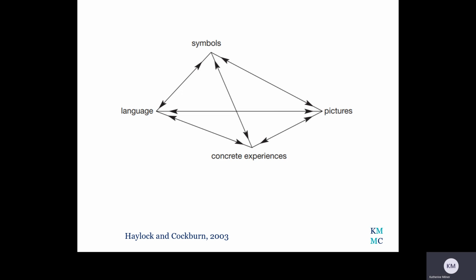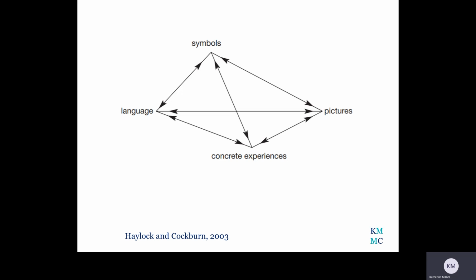And they see the model as not implying a fixed sequence, but they are more concerned with developing teachers' awareness of the need to provide experiences so that children make connections and therefore develop understanding. So in other words, they're saying that it's important that children are exposed to different representations, move between them, see them alongside each other, so that they are making those connections.